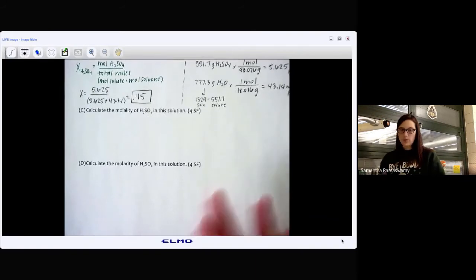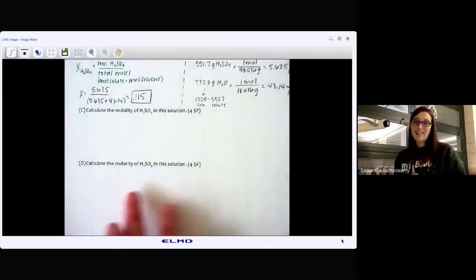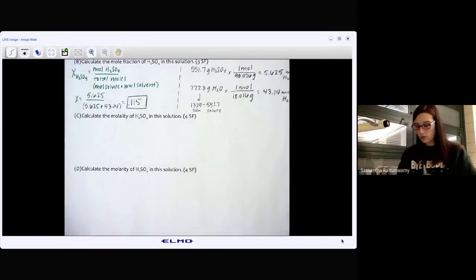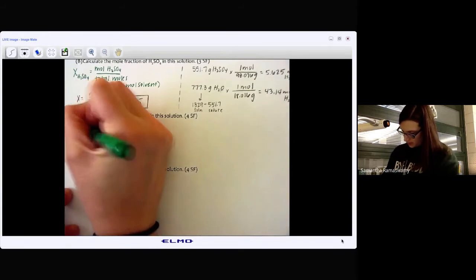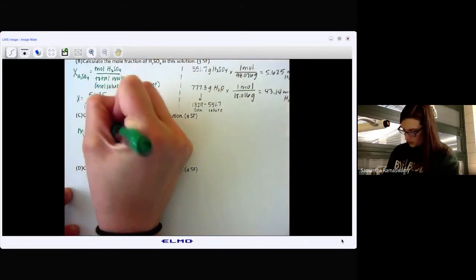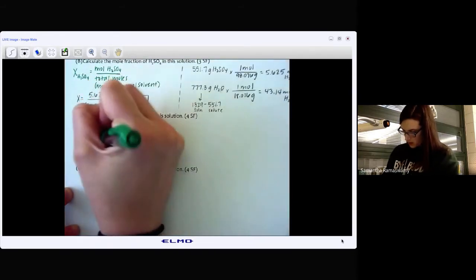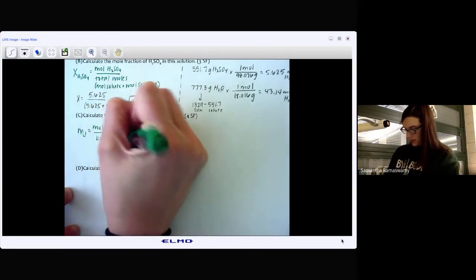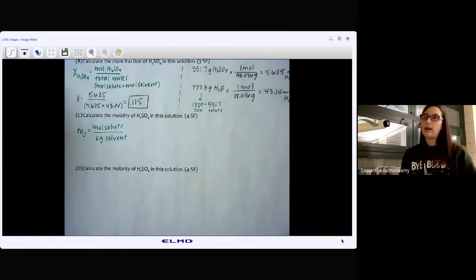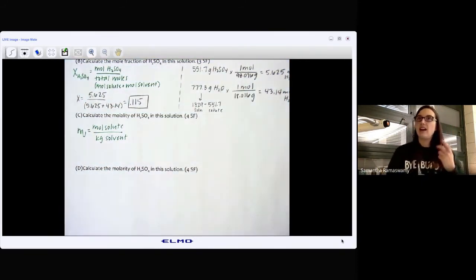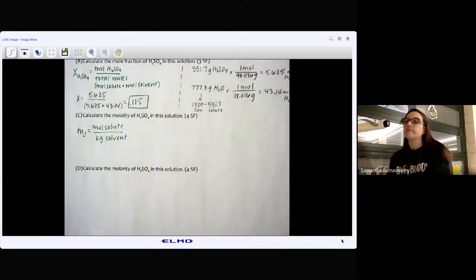So then for part C, calculate the molality of H2SO4. So molality is moles of solute over kilograms of solvent. So again, in mastering questions, there will be some that will say, if you have a 0.5 molal solution with 1,000 grams of solvent, how many grams of solute could you have?